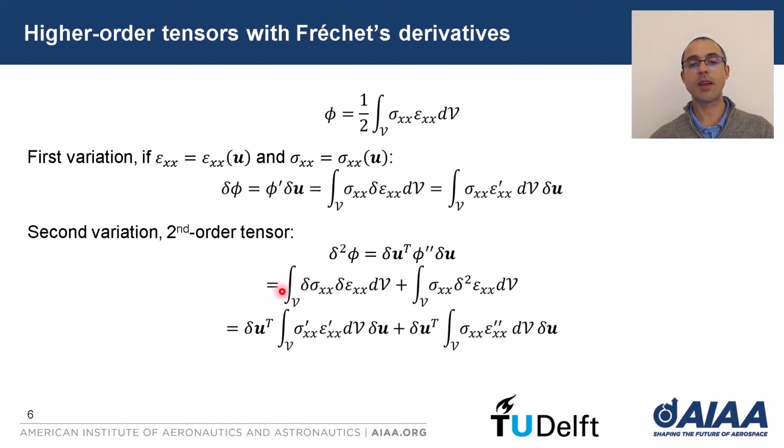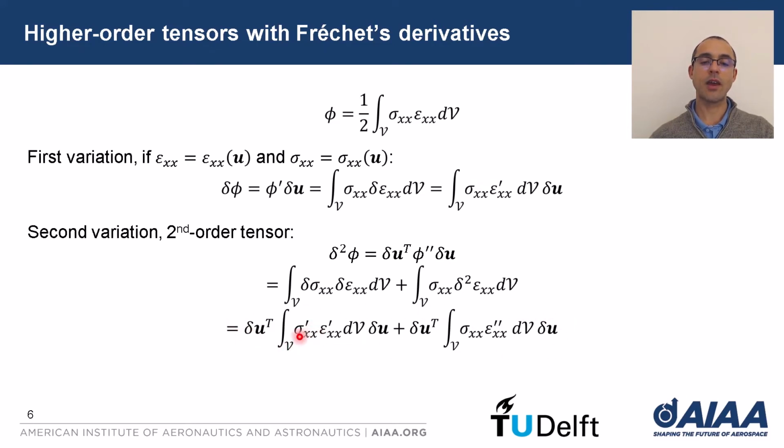So now extending the second variation for the strain and stresses, we would have the following equation where this term would represent the nonlinear constitutive stiffness matrix, and this term would result in the geometric stiffness matrix of the system. This can also be represented now using Frechet's derivatives, as I'm highlighting here now.